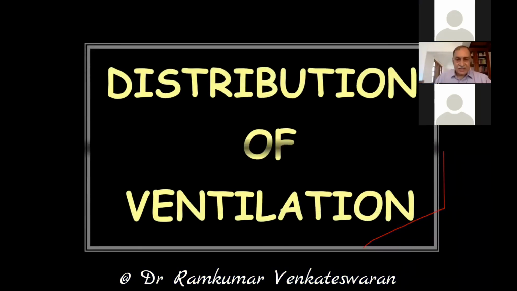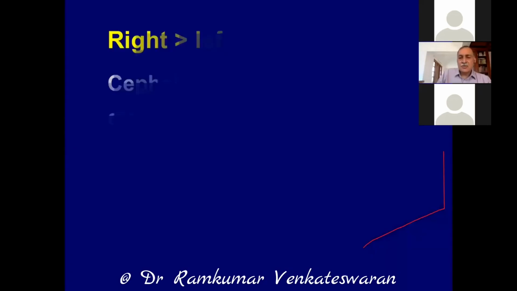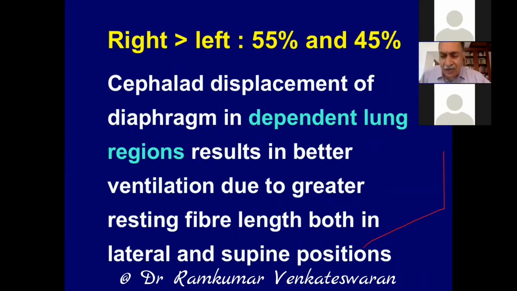Some of the capillaries that were lying lazy, not working, now start working, they get recruited and they start taking part in gas exchange. We finished the distribution of blood flow, and now I thought we'd just get an introduction to the distribution of ventilation. So now looking at the ventilation part of it, when you look at the size of the lung, because the heart occupies a part of the left thoracic cavity, the left lung is marginally smaller than the right lung. And therefore you can say, we are all very fond of numbers.